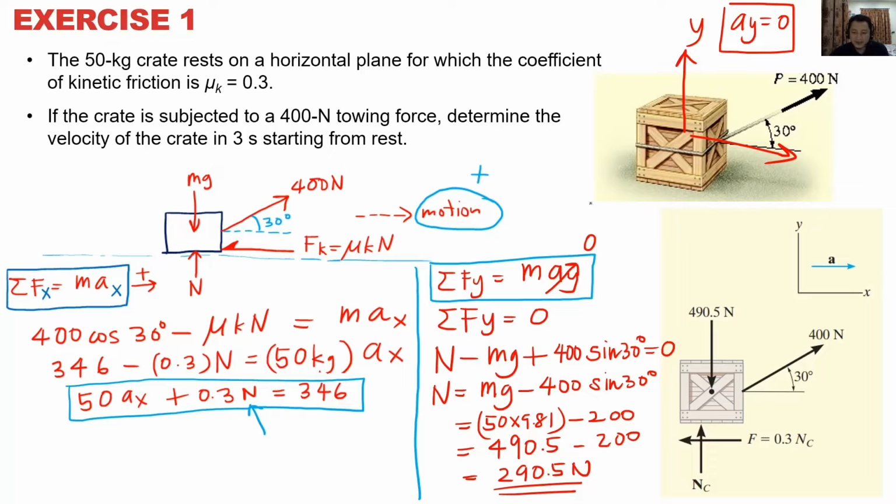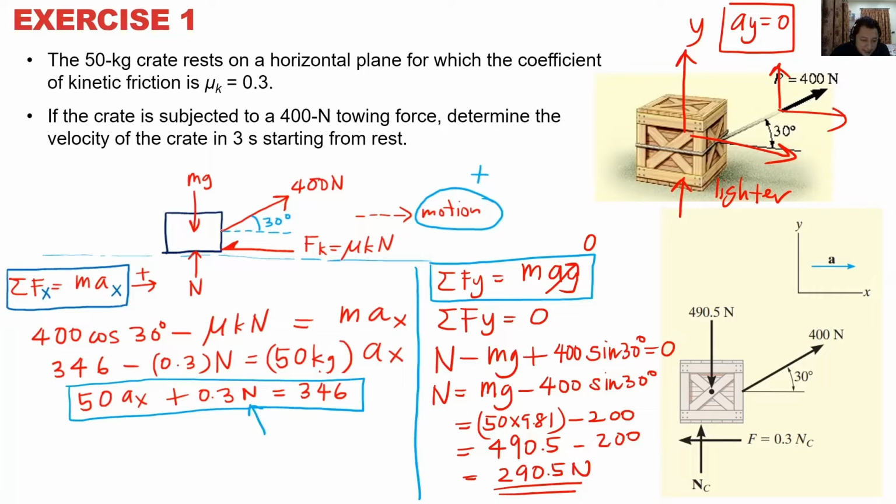One thing you notice here: this box is actually being pulled in that direction. So you have 400 in two components. You have one component in x, one component in y. By right, the normal force at the bottom becomes lighter because you are pulling it like that.